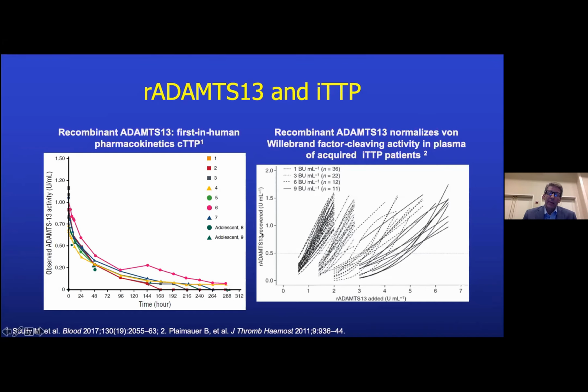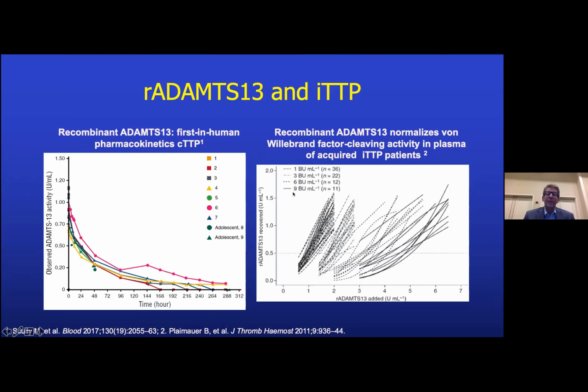But work in the lab that was done by the same company, now known as Takeda, looked at plasma samples from patients who had antibodies and asked, could you add this same recombinant ADAMTS13 to correct this ADAMTS13 activity? And indeed, that's what you saw. It's a bit complicated, but the varying dotted and solid lines reflect the higher what are called Bethesda units.